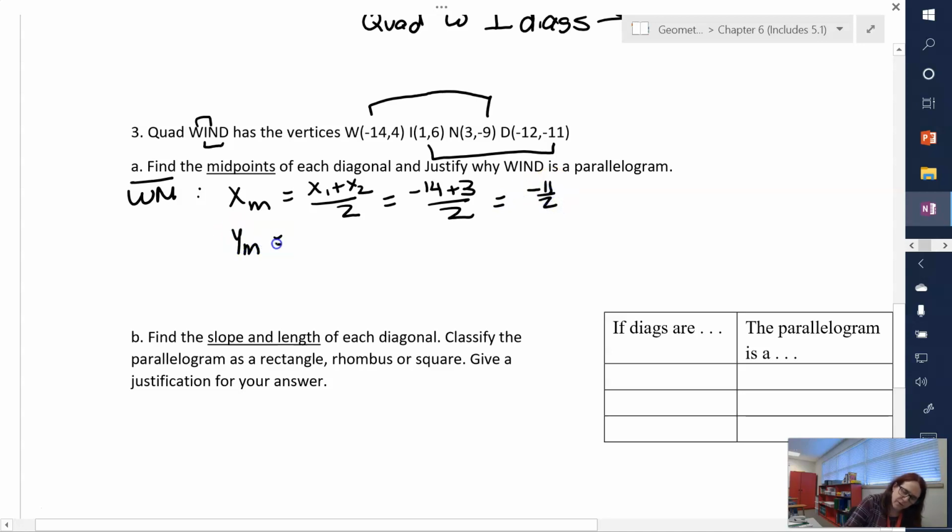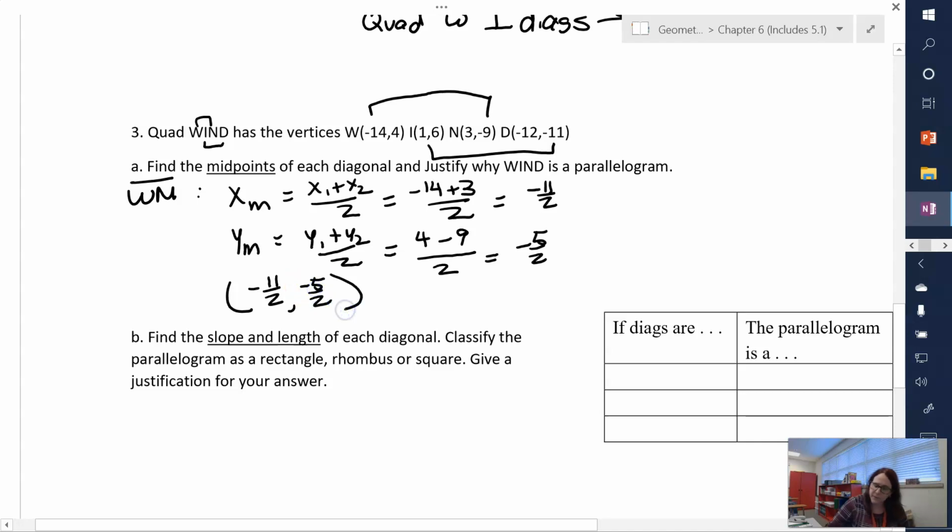And then my y-coordinate is going to be y1 plus y2 over 2. y1 is 4, y2 is negative 9, over 2. I get negative 5 over 2. So the midpoint of line segment WN is negative 11 over 2, negative 5 over 2.